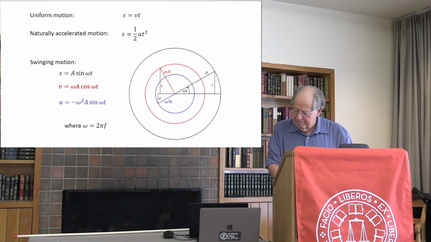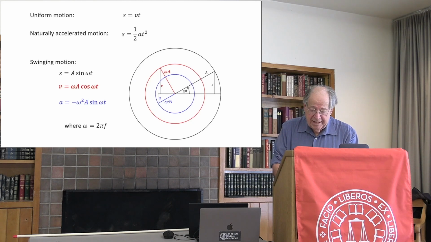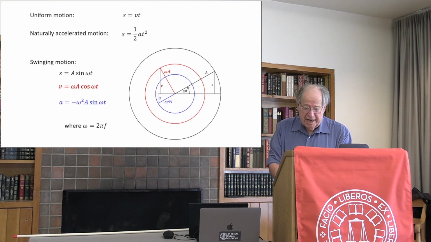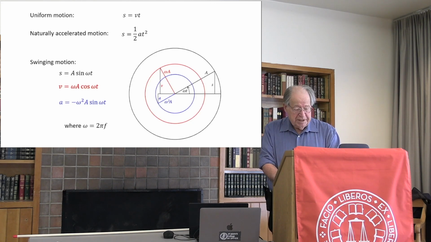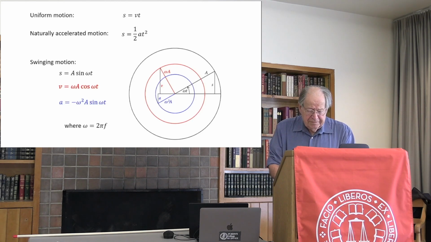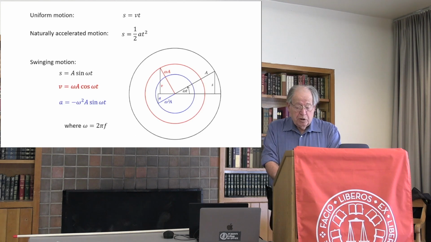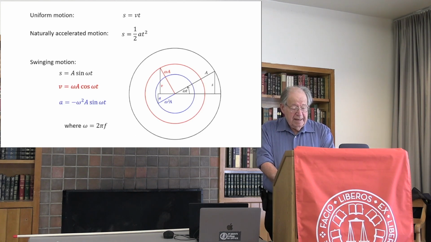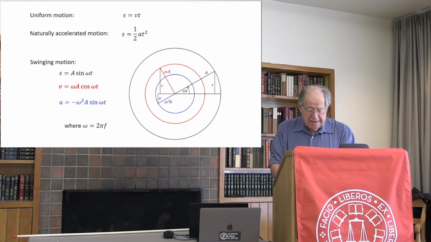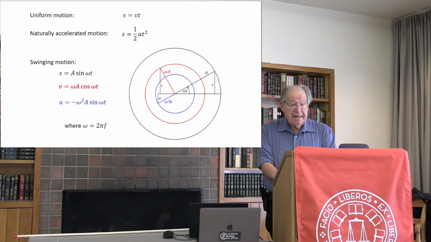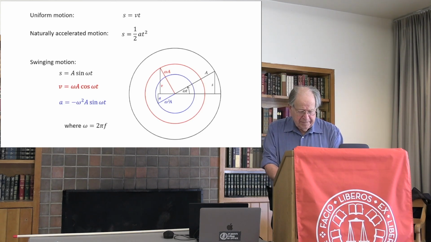They are, for displacement, S equals A sine omega t, which we saw already. For velocity, V equals omega A cosine omega t.